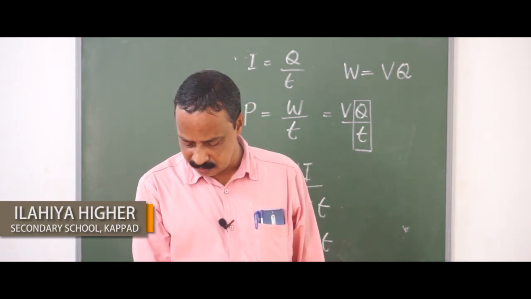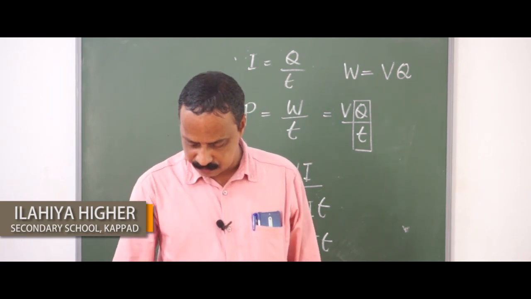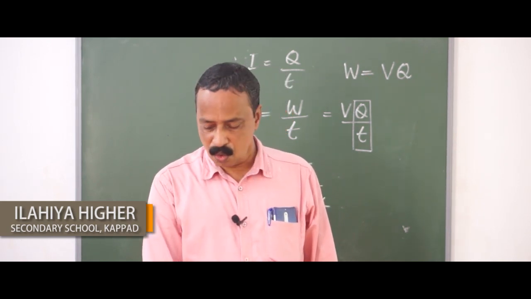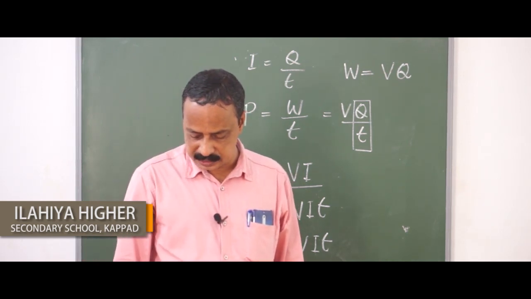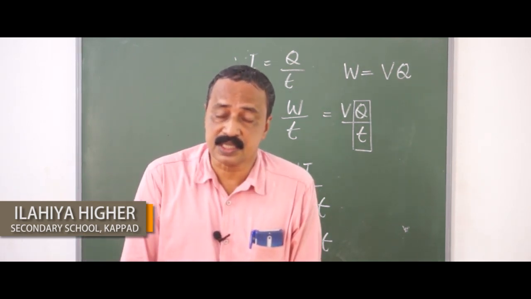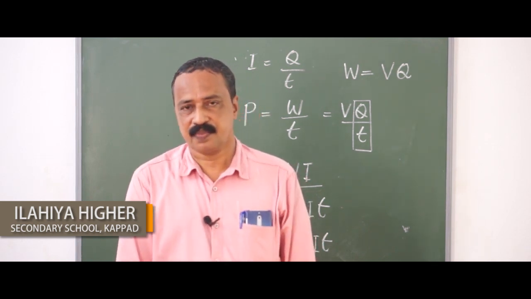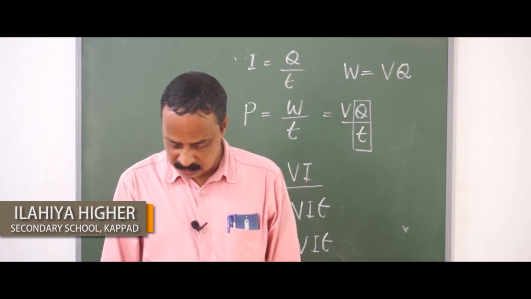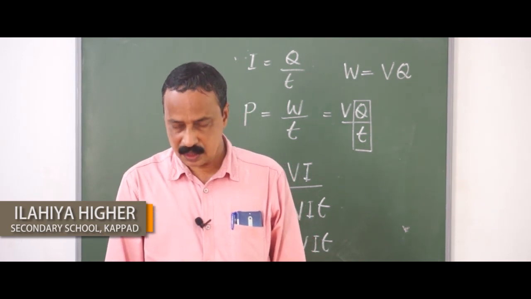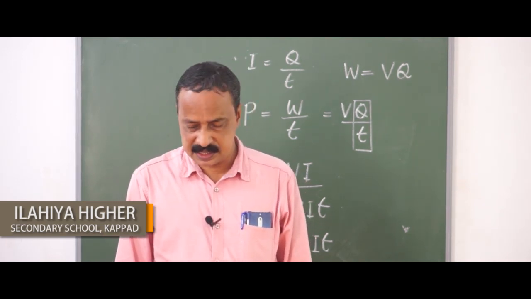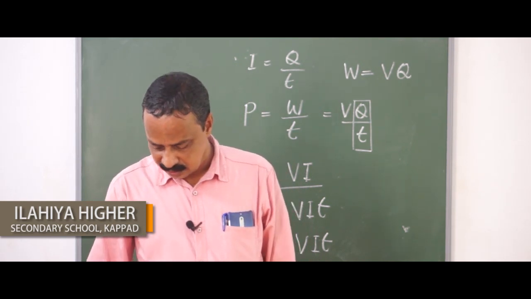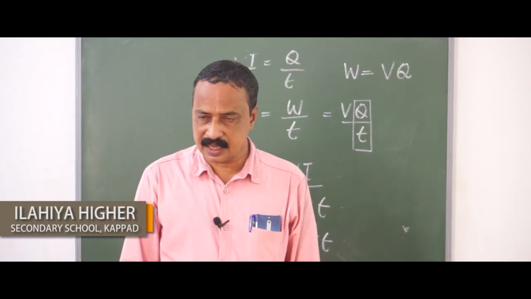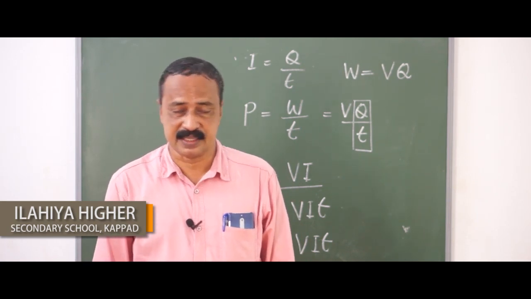Define ohmic heating: the process by which heat is developed in a circuit on passing electric current through it is known as Joule's heating or ohmic heating.